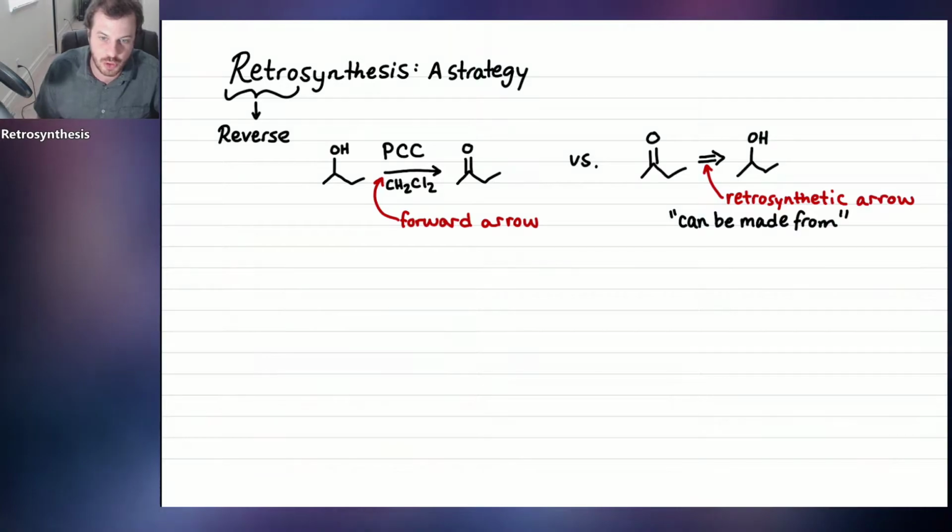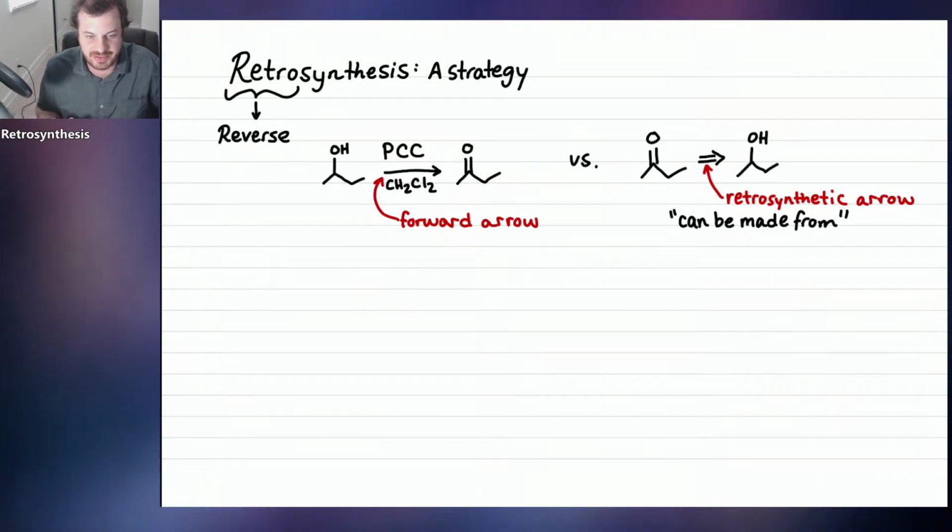That's what it means. Notice there's no reagents shown over the arrow. It just says this ketone can be made from this alcohol. I know that there is a reaction, specifically this reaction here, that will turn an alcohol into that ketone. All the retrosynthetic arrow does is help you plan it out and say, okay, to make my ketone, I could make it from an alcohol. I'm not saying necessarily how I'm going to make it from an alcohol, but I just know that there is a reaction that will allow it.